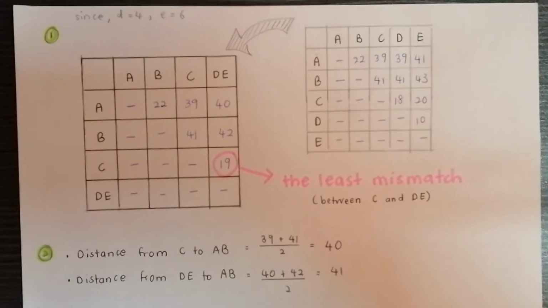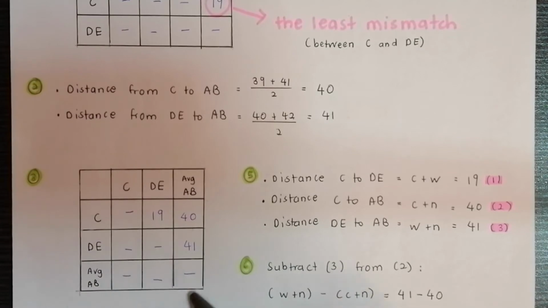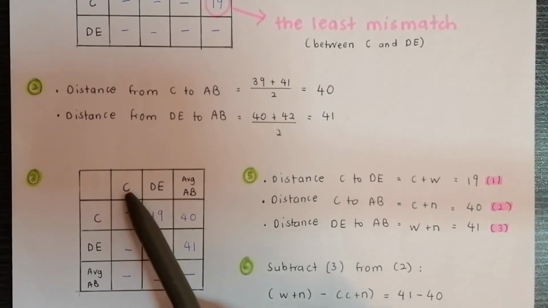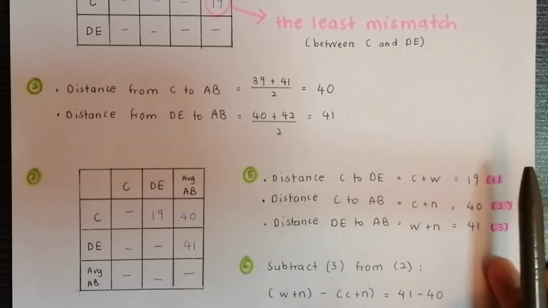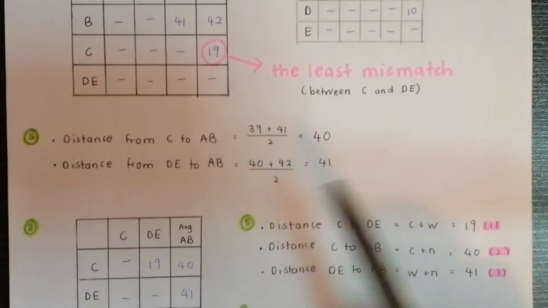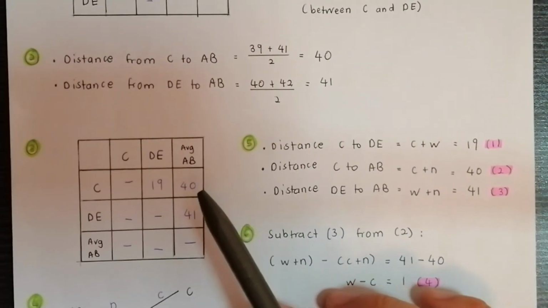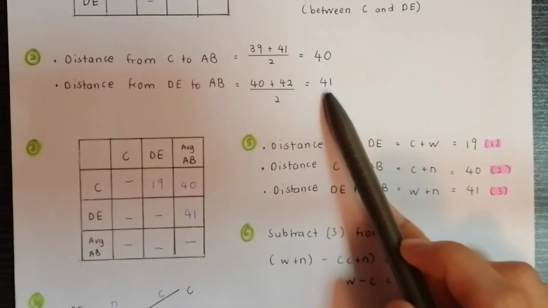Okay, so now we create another new table which consists of C, D, E and the average of AB. The 19 we get from the least mismatch just now, 40 from here and 41 from here.